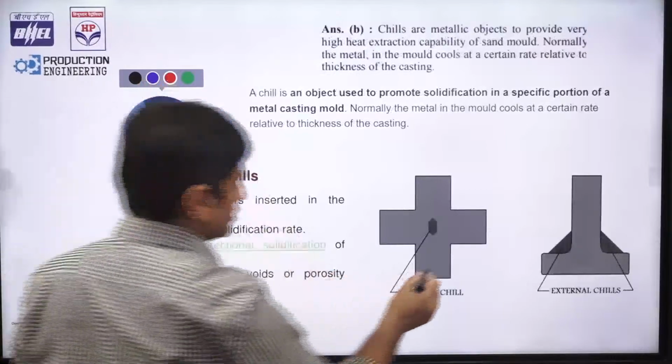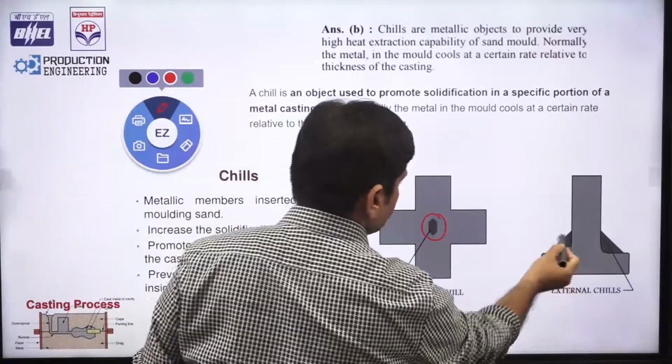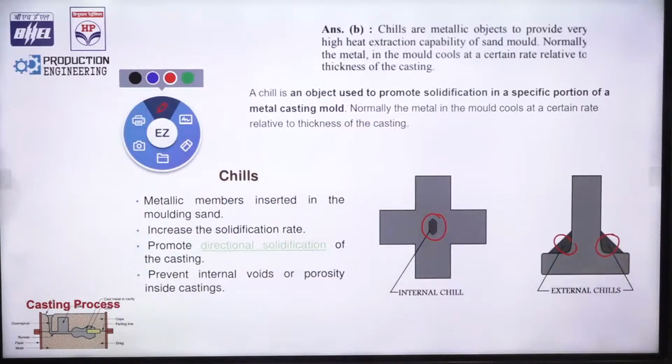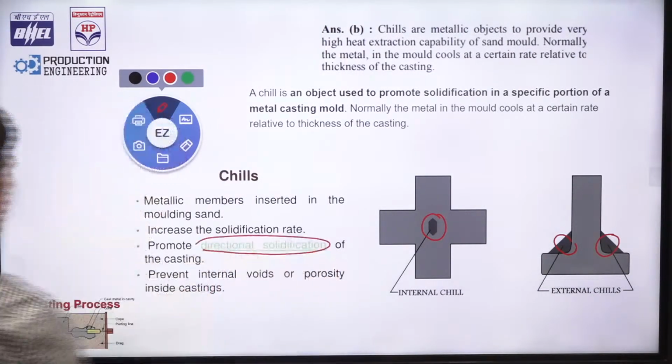There are two kinds of chills. One is internal chills and the other is external chills. One is inside the molten metal and they basically melt. So the two categories of chills are internal and external. They lead to directional solidification and increase the solidification rate.